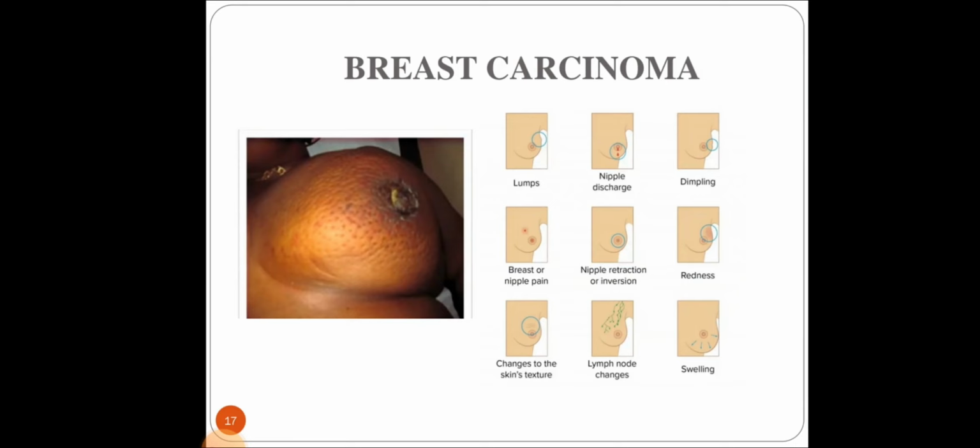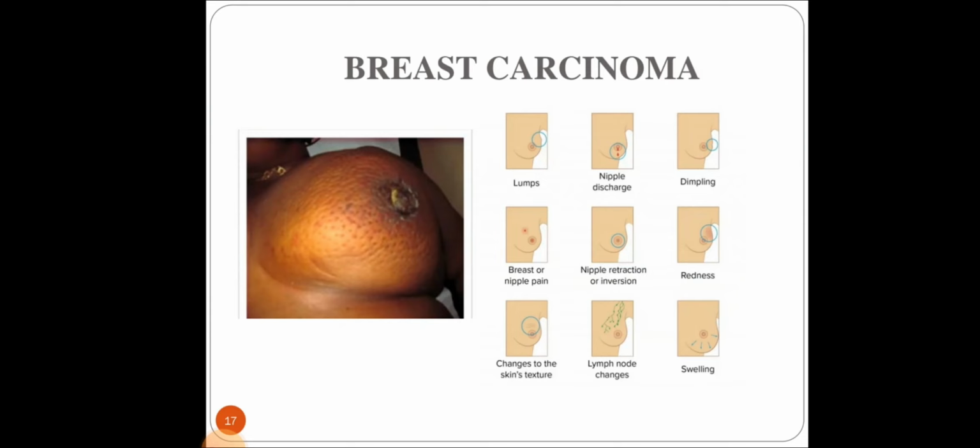From the name, we can expect inflammatory signs, that is redness, pain, sudden enlargement; those kinds of features will be present in this tumor. Because of these features, it mimics the breast abscess. But the difference between breast abscess and this is that, as we have already learned, in breast abscess there will be fever, rigors, chills, etc.